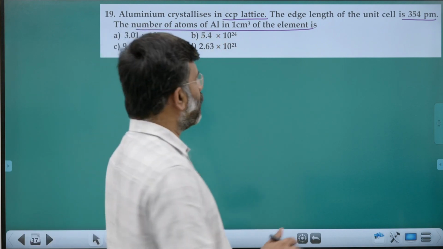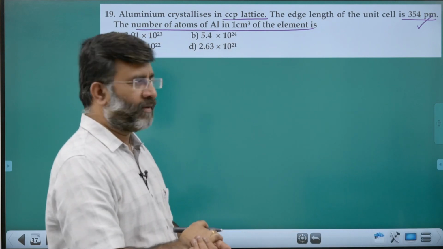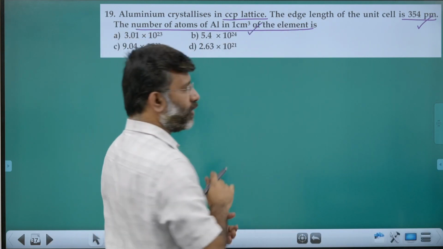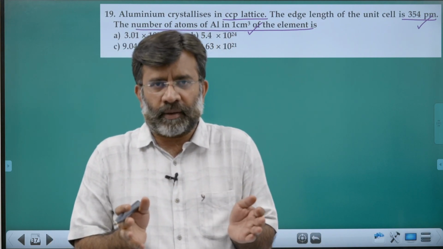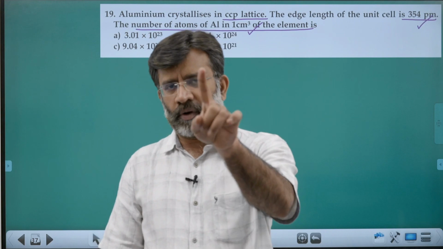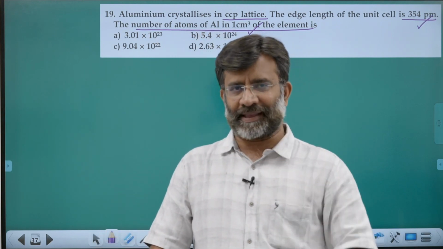Now, what is the volume of one unit cell? You can calculate. The total volume is given. The volume of one unit cell you can calculate, so the number of unit cells you can get.